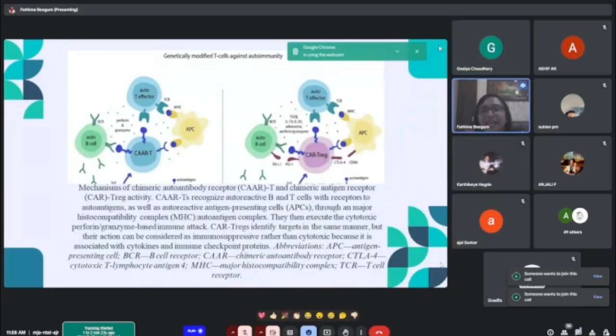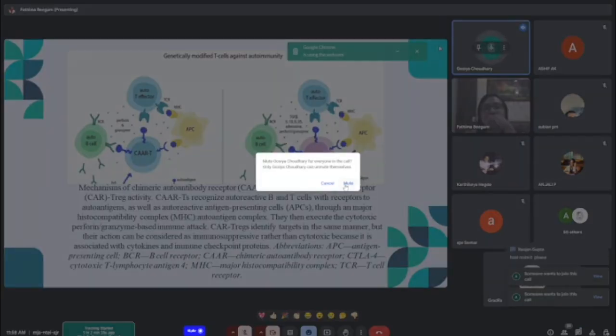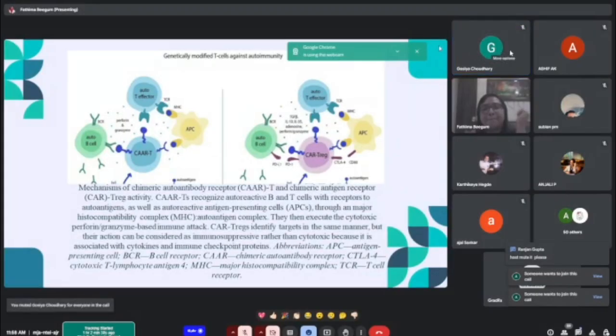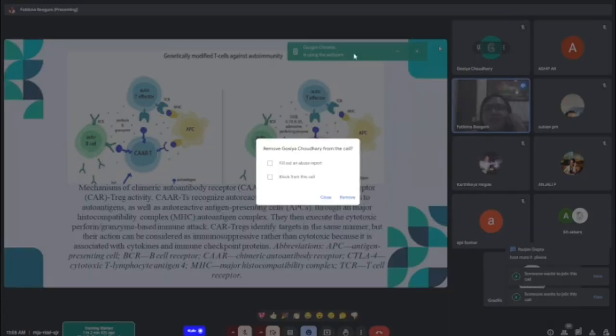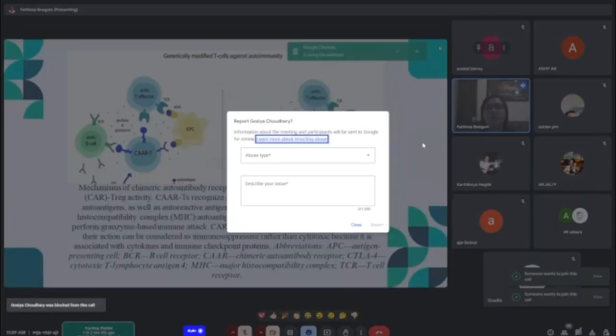For autoimmune disorders, another thing is also there, CAR-T. CAR-T is used for autoimmune purposes.